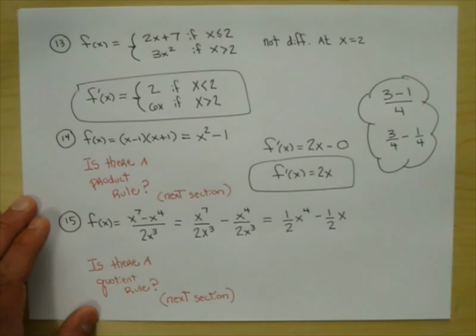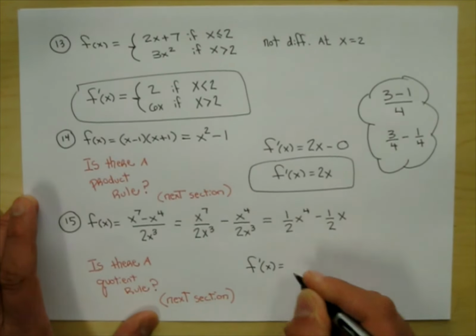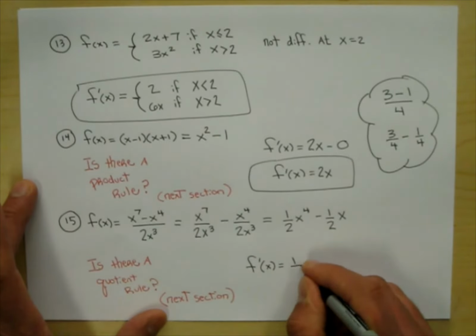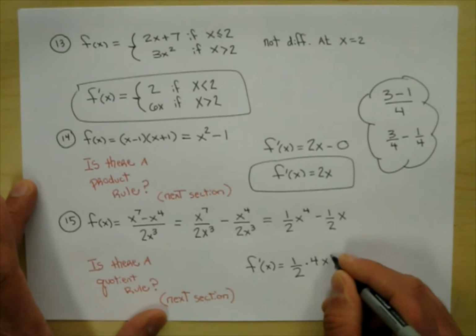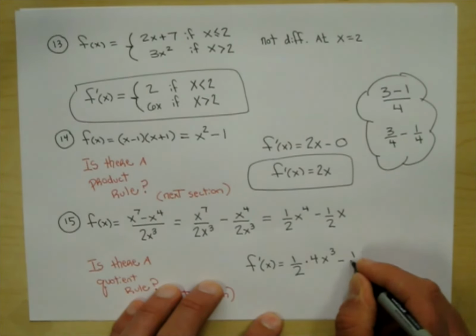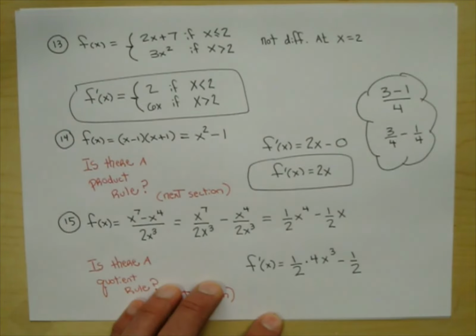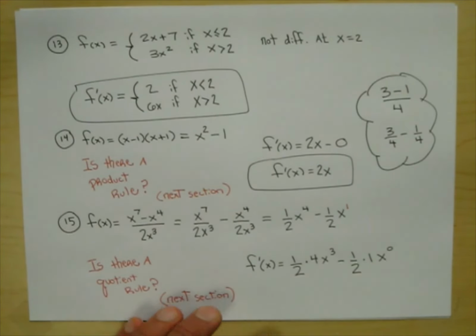Okay, so now take out your derivative gun and aim. So I have 1/2, the 4 jumps down, x to the third, minus 1/2, and maybe we could just keep it that way, but I'll write out the step here. 1 jumps down, x to the 0.